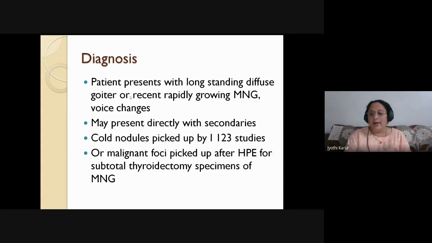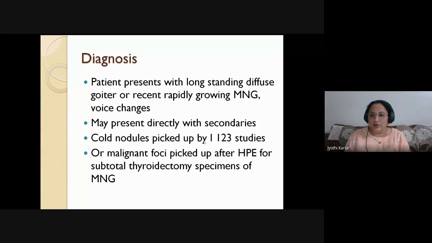If you do radioactive iodine study, the patient usually comes to you with long-standing goiter, and the main concern of the patient or treating surgeon is whether it is benign or malignant. So you subject the patient to different diagnostic modalities. One diagnostic modality is the radioactive iodine study. There are different isotopes of iodine.